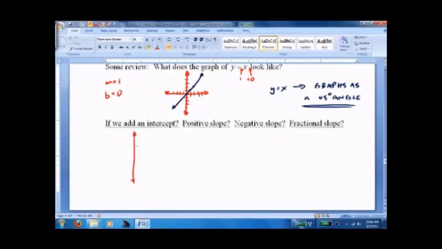If we have a line, and this time we're not going to put in anything, if we add an intercept, what's that do? Well, it just moves the line up or down. So if we had the line y equals x, it's a 45-degree line going through 0, 0, and adding a positive intercept will move the whole line up, a negative intercept will move the whole line down. If we have a positive slope, it goes up to the right.